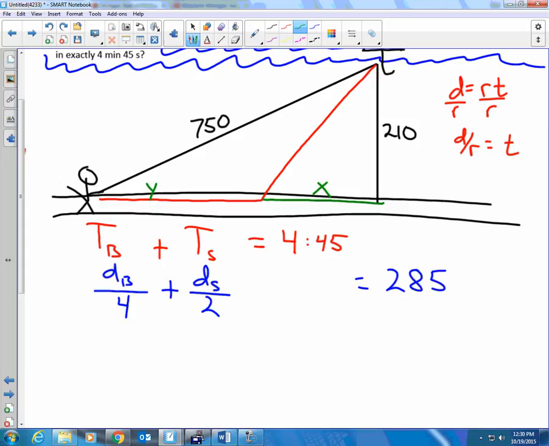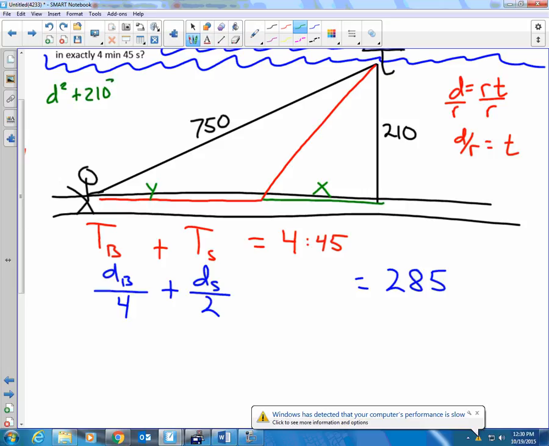I'll call that distance y. Wouldn't it be nice to know what that entire distance is, x plus y? Any idea how to figure that out? Pythagorean theorem. Namely that x plus y, or that distance squared, plus 210 squared is equal to 750 squared.